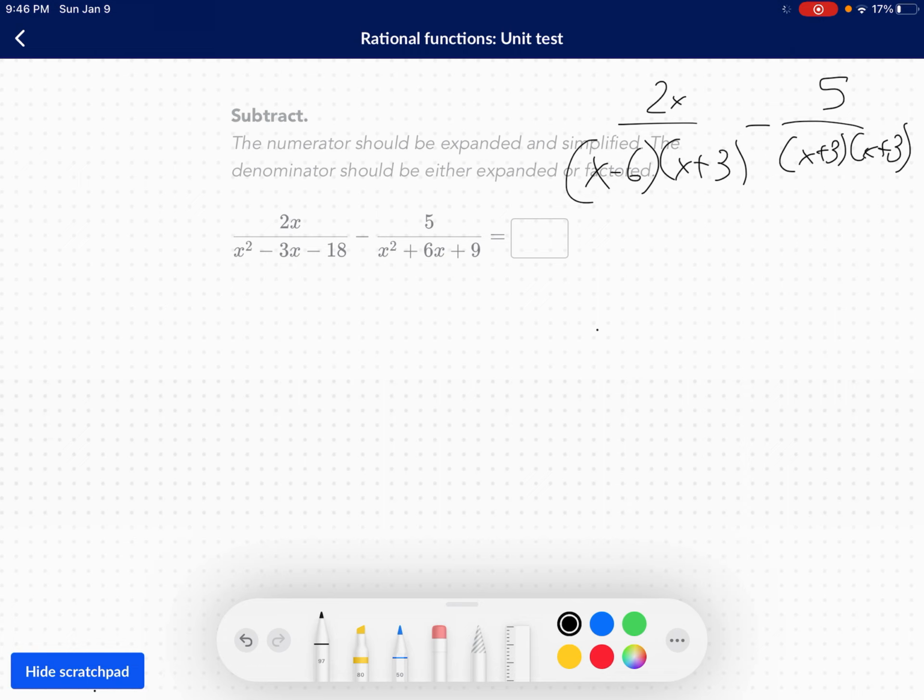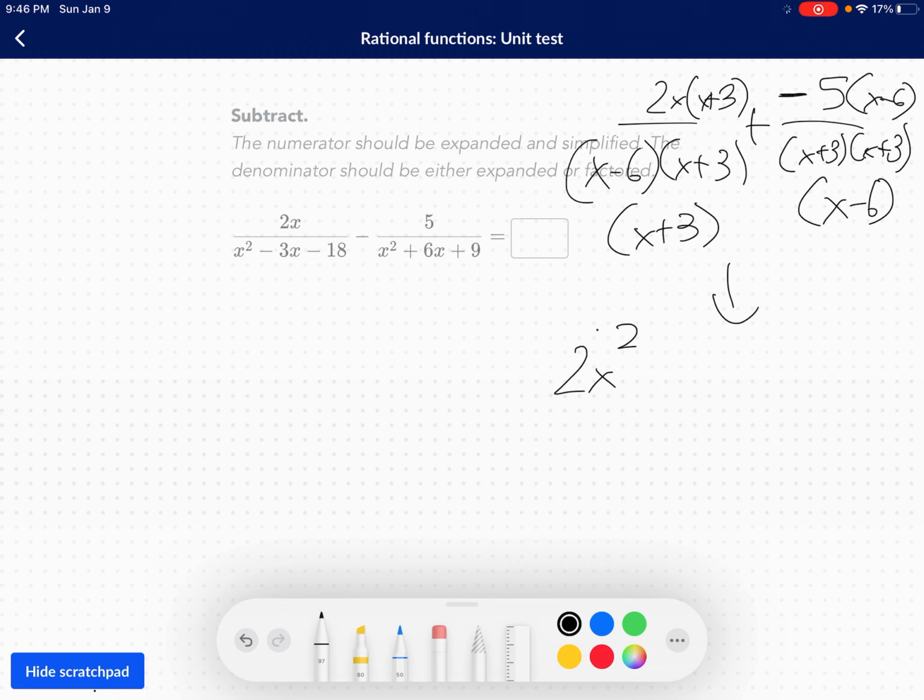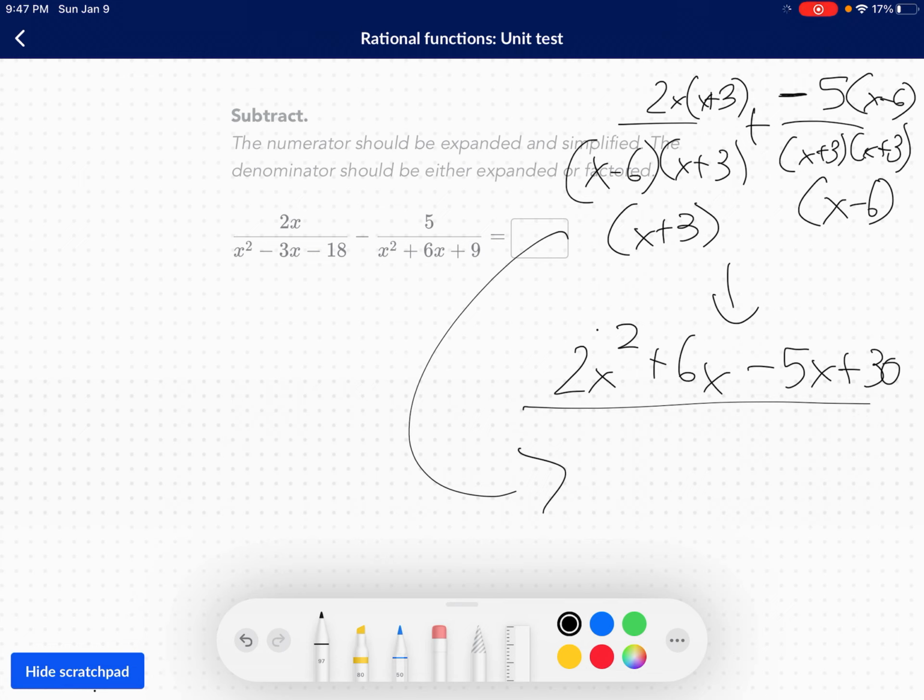Okay, and then you find the least common multiple. I can add an x plus 3 here, multiply x plus 3 here and an x minus 6 here, and whatever you do to the denominator, you have to do to the numerator. So you put these here too. And then I can make this positive and make this negative. So 2x squared plus 6x minus 5x plus 30 over all this gibberish.